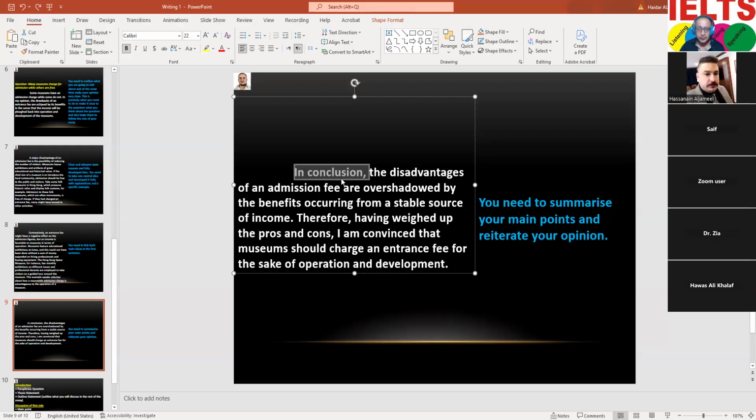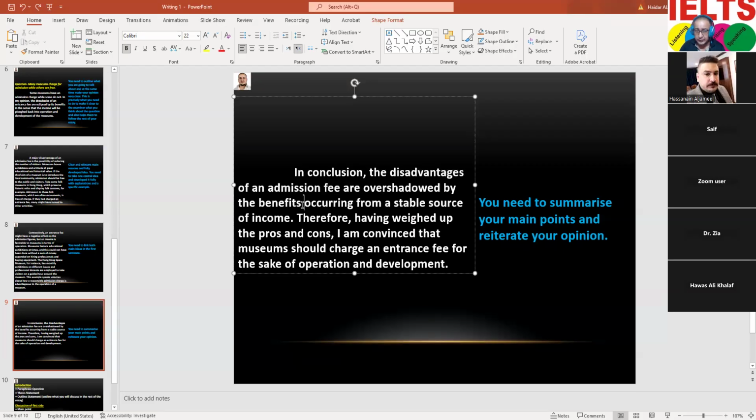In conclusion, comma. The first sentence here, let me read it, then explain. The disadvantages of an admission fee are overshadowed by the benefits occurring from a stable source of income.